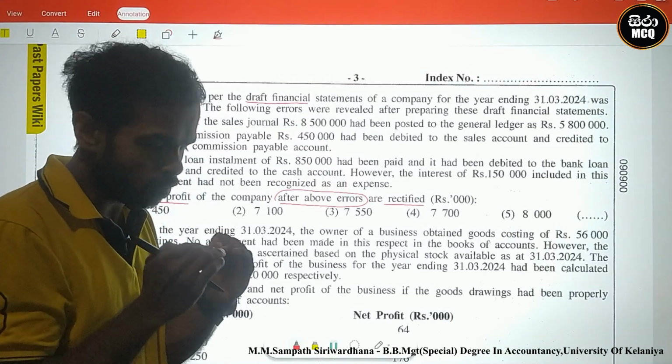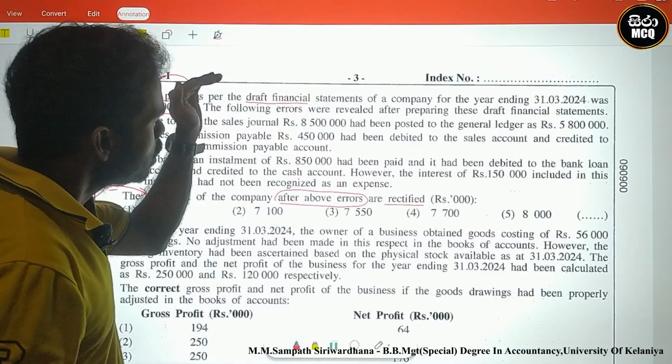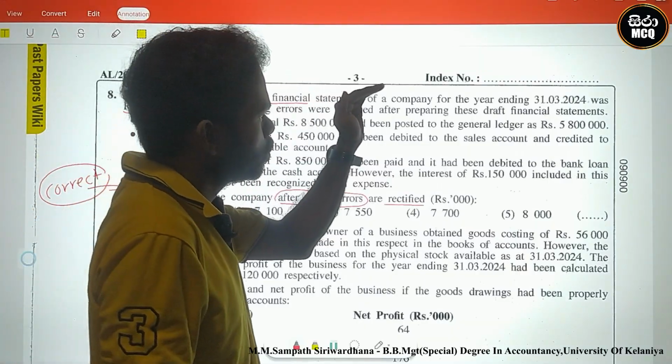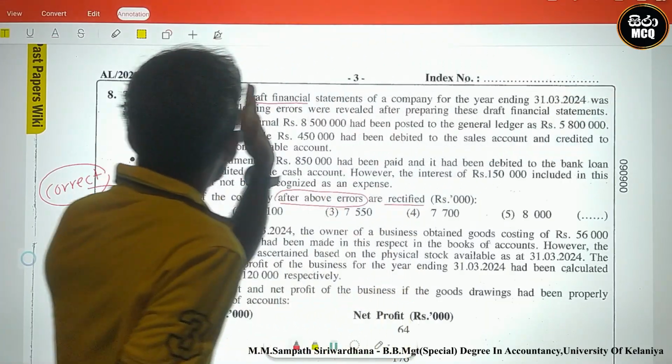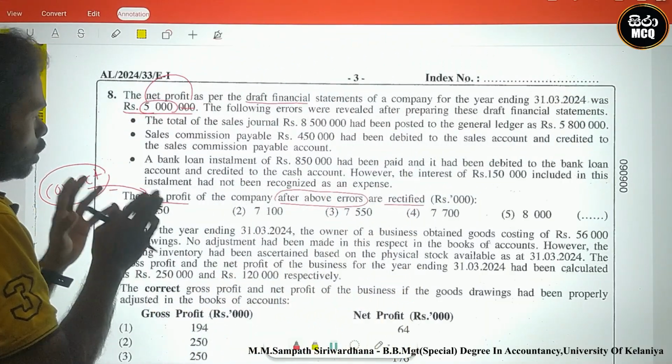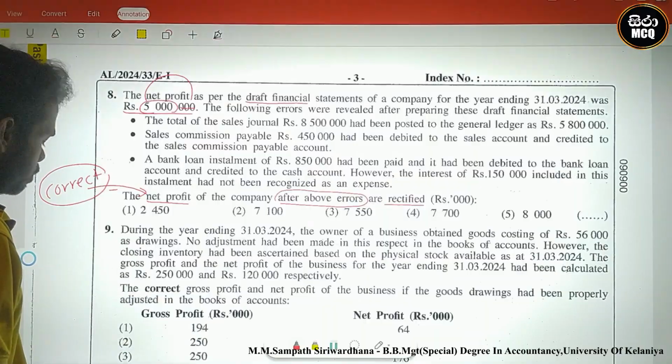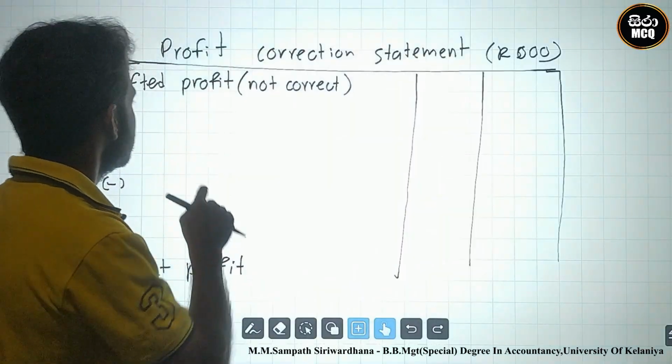There is a current net profit as per the draft financial statement of the company for the year ending 31st March 2024 was 5,000. 5,000 means draft profit.